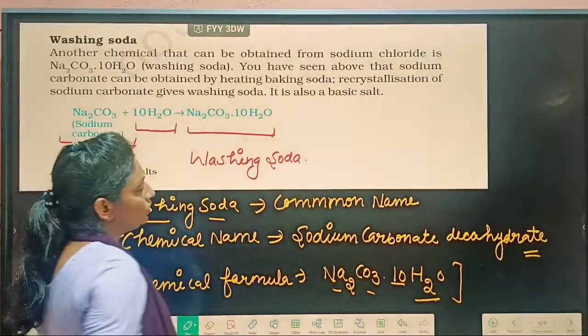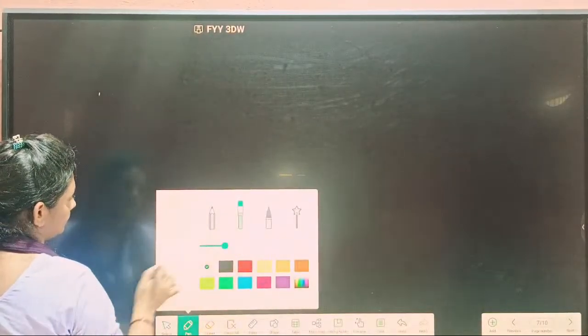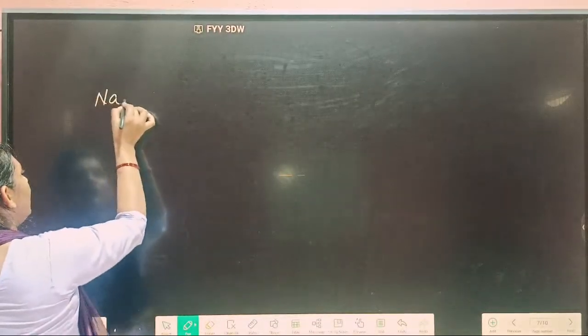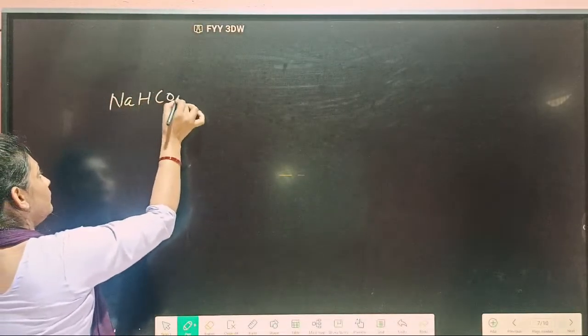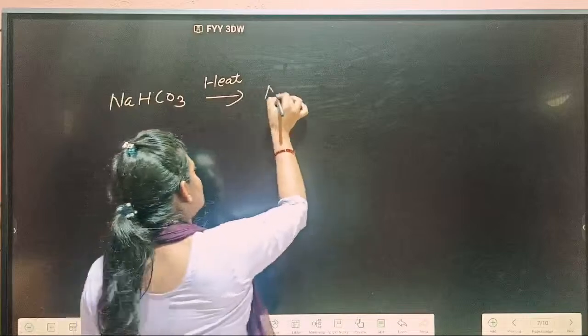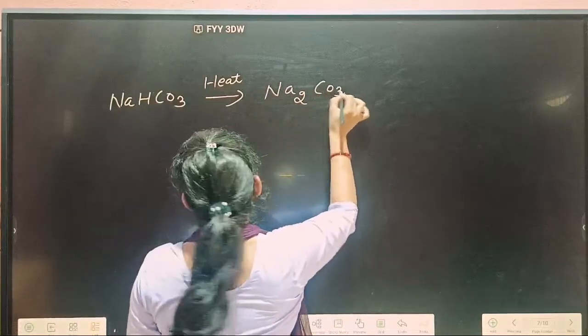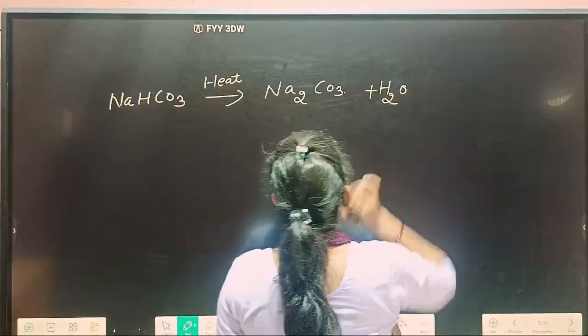Students, you know very well, when we heat baking soda, NaHCO3, after heating it gives us sodium carbonate, Na2CO3, plus some water molecules also.